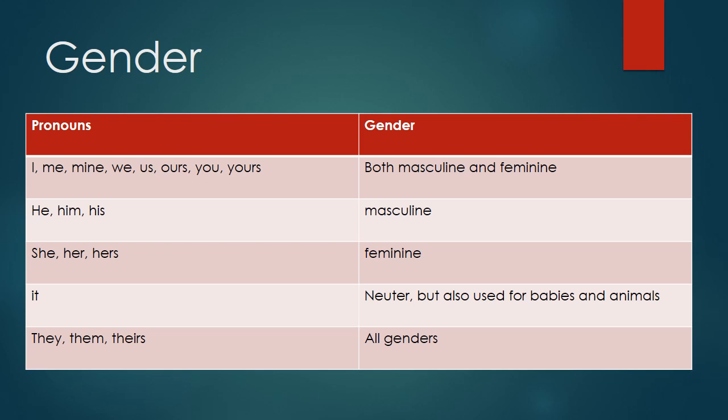She, her, hers are used as feminine gender for female family, for girls. It is neuter but also used for babies and animals. They, them, theirs are used in all the genders.